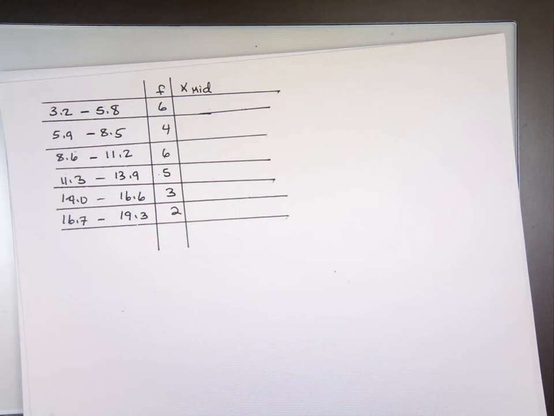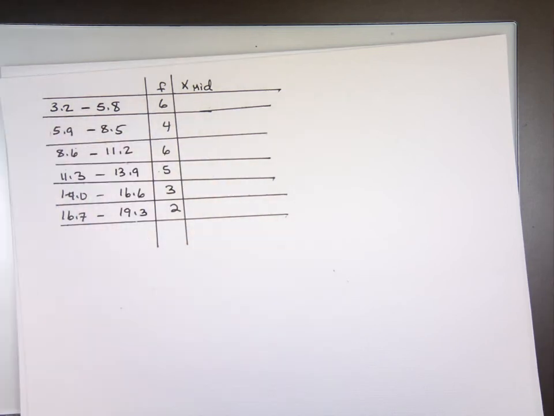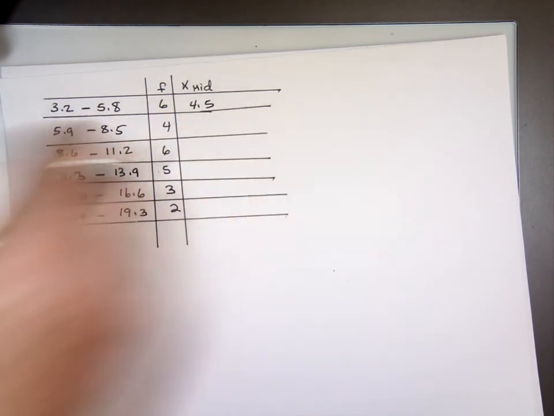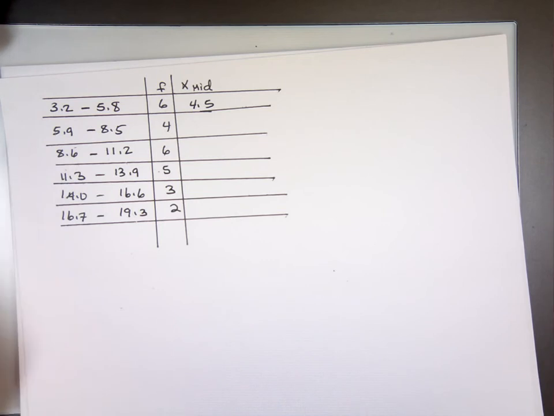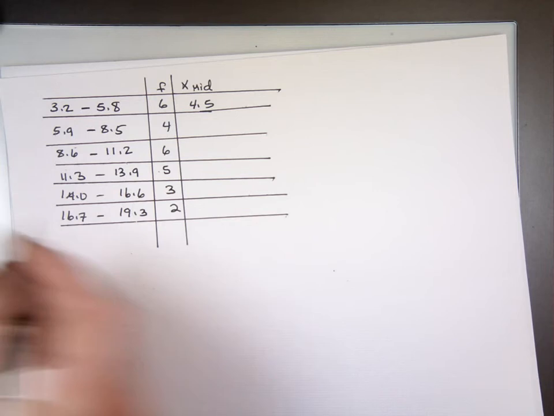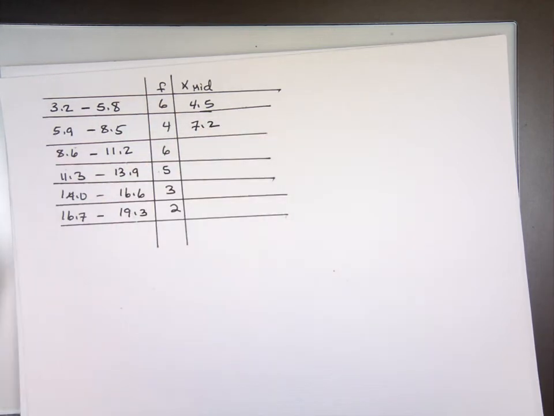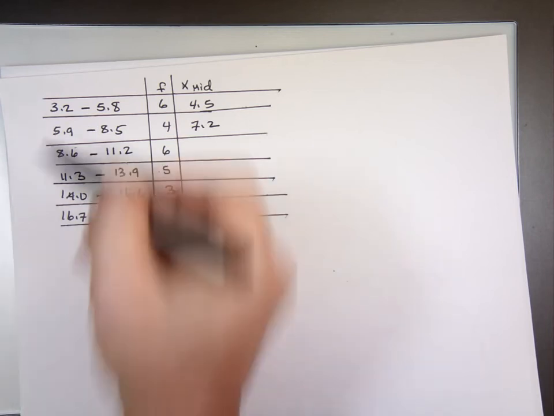What's the midpoint for 3.2 and 5.8? 3.2 plus 5.8, add them, and divide by 2, that's 4.5, right? Because when you add them, that's a 9. The next one is what? 5.9 plus 8.5, add them, that's 14.4 divided by 2, 7.2. So my class width happens to be 2.7.